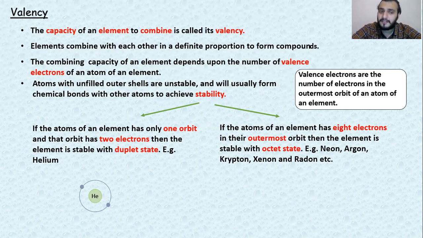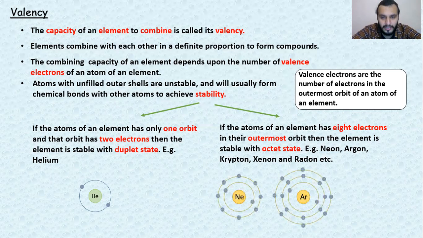Duplet state means the first shell should have two electrons, and the first shell should be the only shell present in that atom. But if the atom has more than one shell, or we can say the second shell as the outermost shell, or the third shell as the outermost shell, in that case what? In that case, the atom requires 8 electrons in the outermost shell.